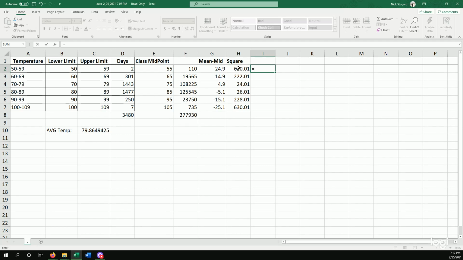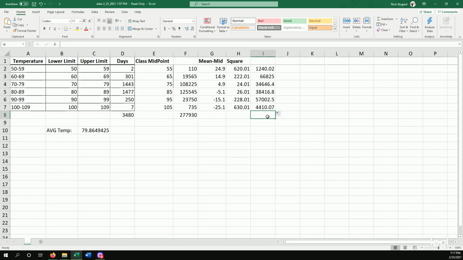Well, it was 620 times, and we go back to the frequency, the number of days. So enter, and then again, drag that all the way down, and let Excel do the calculations for us.